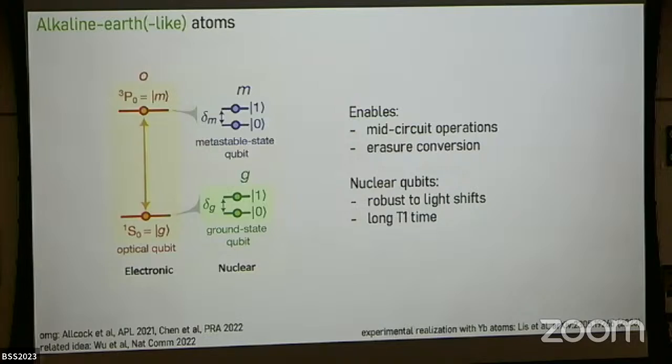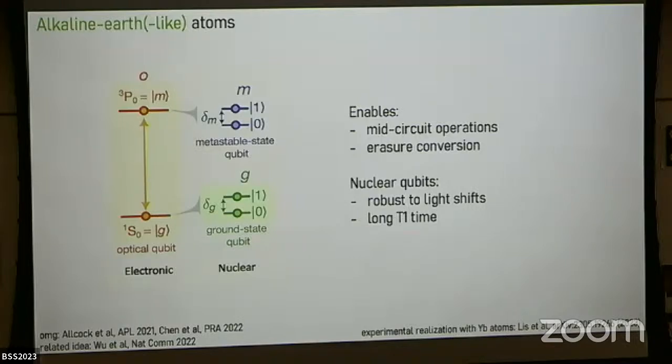I didn't mention this much before, but one of the main limitations of these hyperfine qubits that you have in alkali atoms is that if you have inhomogeneous or time-dependent light shifts on your atoms, meaning the tweezer that you use to trap your atoms is fluctuating in intensity, or the different atoms have slightly different trap depth, that causes a huge differential light shift between the 2 states of your qubit. And this causes noise and so limits the coherence. That's one of the main sources of decoherence.